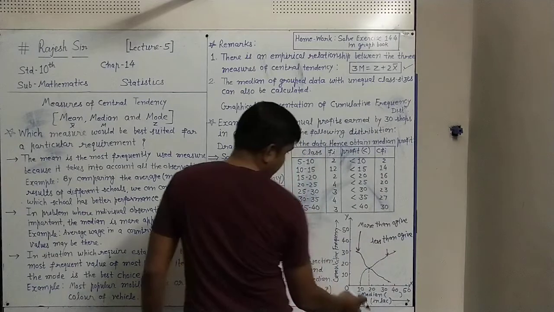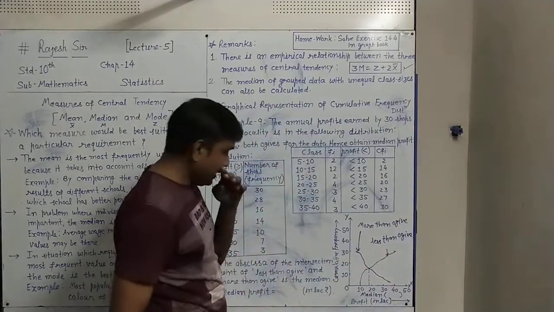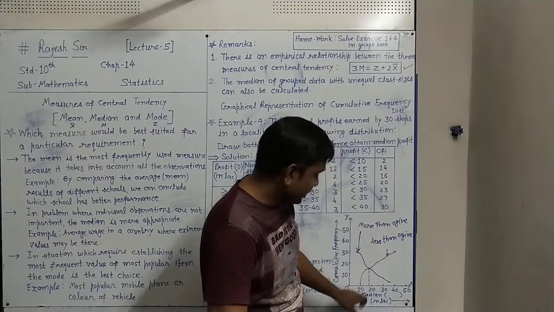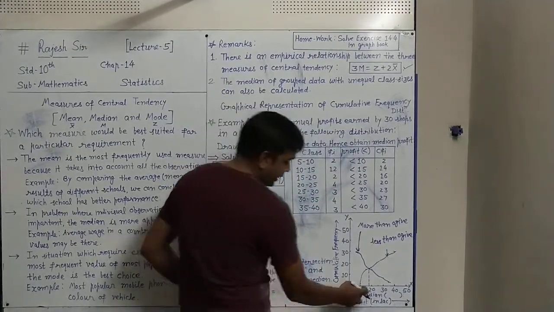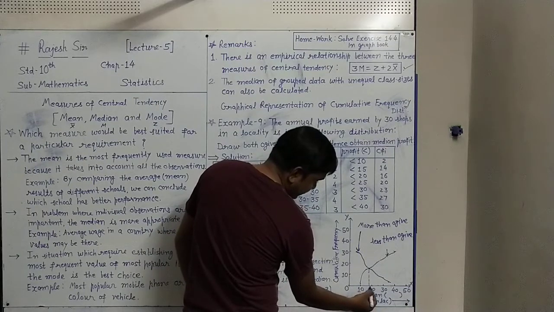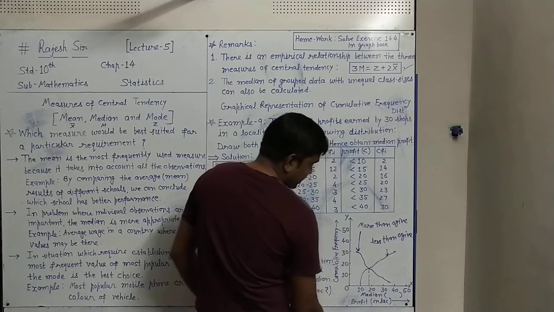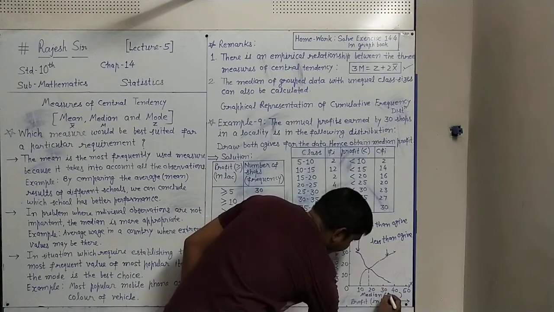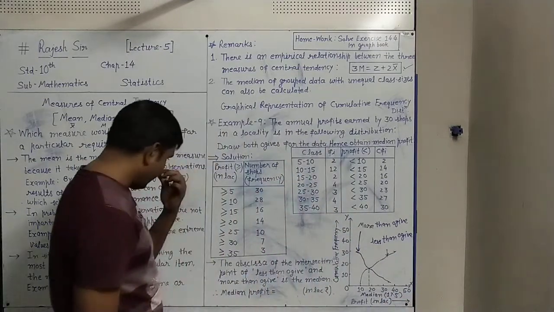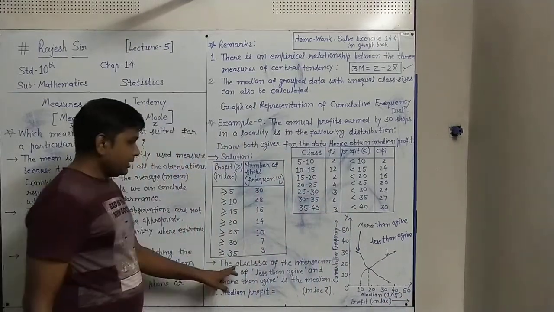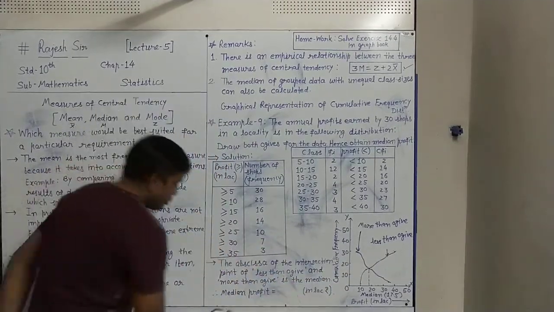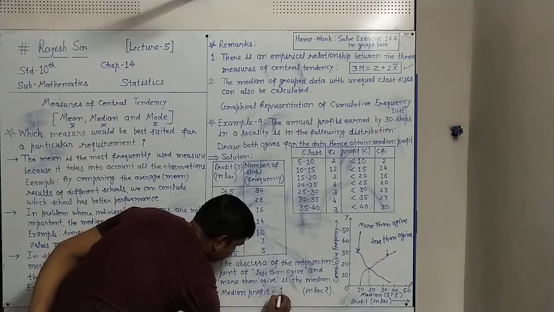So this vertical line shows the abscissa on the x axis. We have to read this point. If you read this point very carefully, this is 15 after that and 20 less than that. Exactly middle of the 15 and 20 is 17.5, the abscissa. So this 17.5 reading is the abscissa of the intersection point of less than and more than ogives. So this is the median profit, that is 17.5.